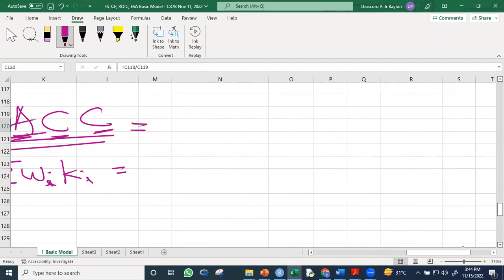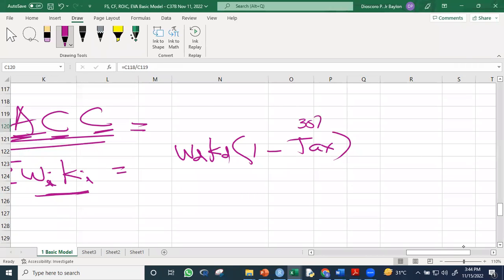Number one, the debt. So, ang formula, Wi times Ki. So, it will be the weight ng debt times the cost of the debt. No? And then may sinasama pa dito, 1 minus tax rate. Okay, take note that if tax rate is, for example, 30%, ano mangyayari? Yung cost ng debt will only be 70% of the whole. Bakit 70% lang, hindi 100%?